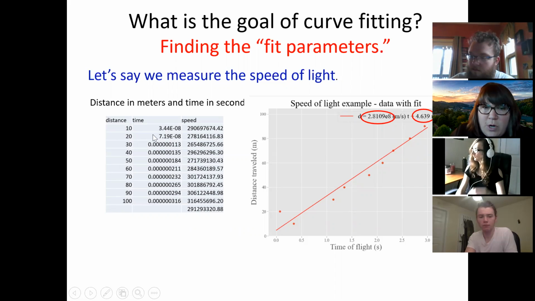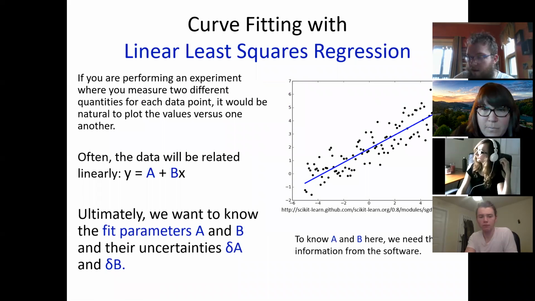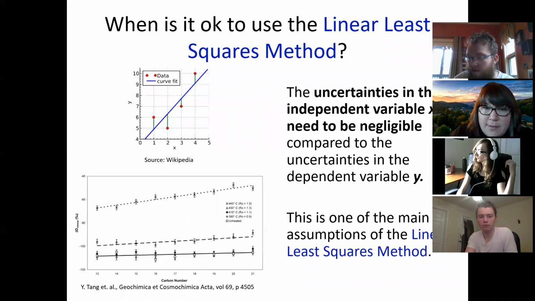But since we know our time measurement has a really small percent error compared to our distance measurement, we put the time quantity on the independent axis, on the x-axis, and the low precision quantity on the y-axis, on the dependent axis. So that was on purpose. So yes, the uncertainties need to be bigger in the y direction than in the x direction, and hopefully a lot bigger.